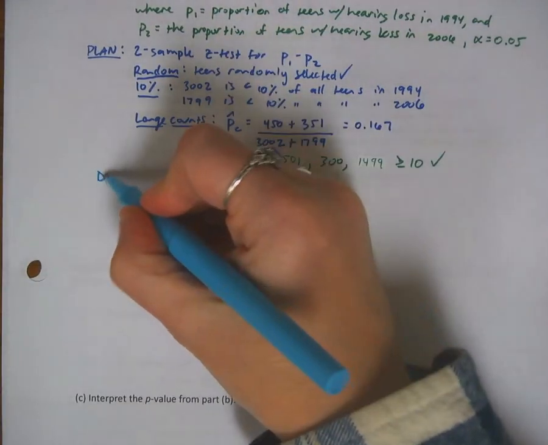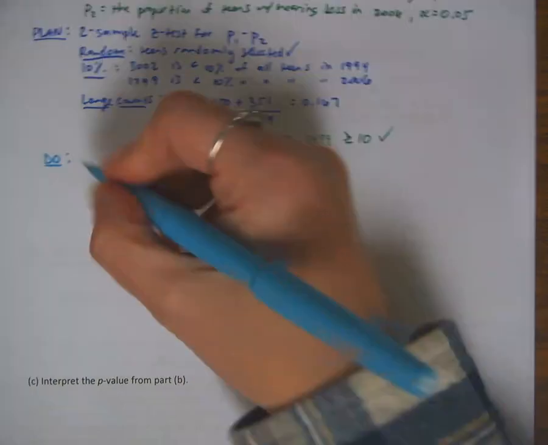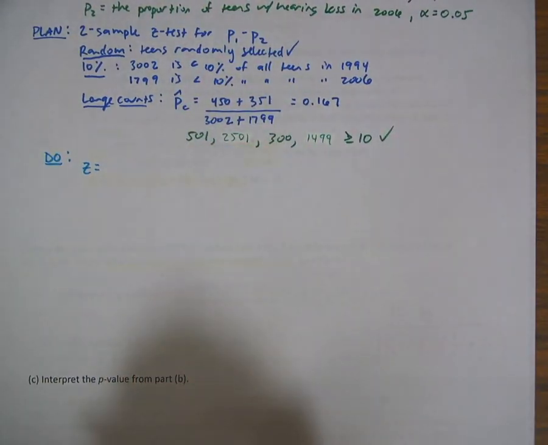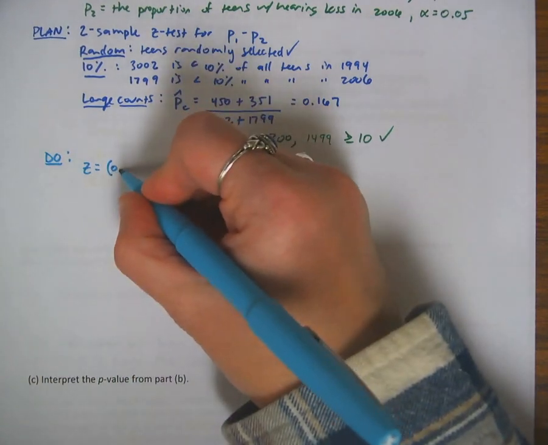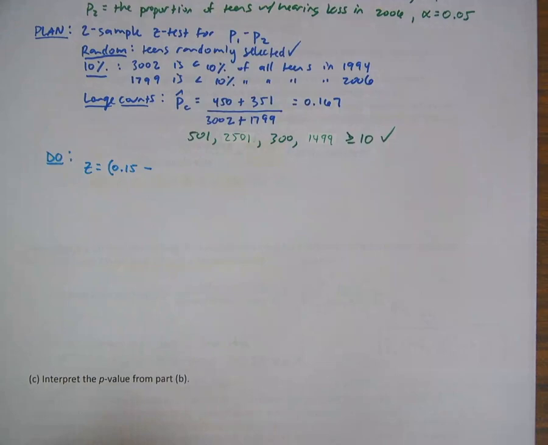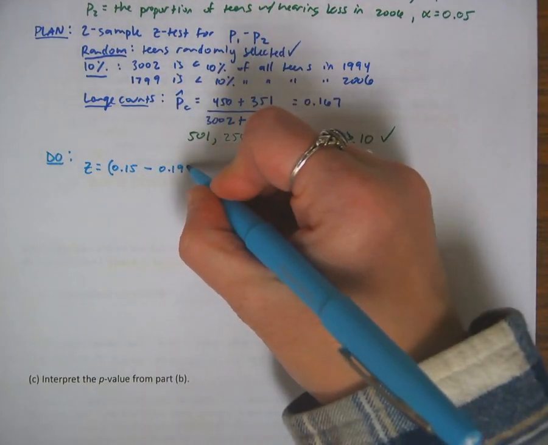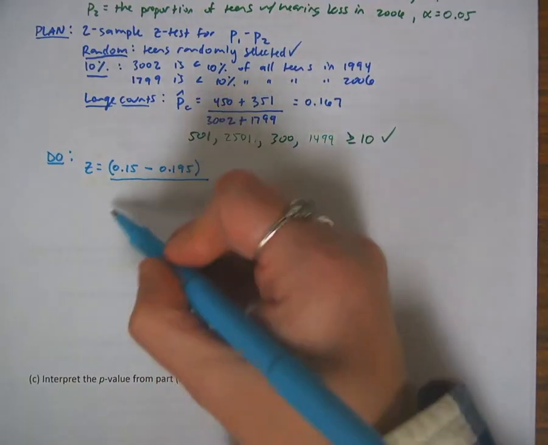This might be some of you your favorite part because it's kind of the same every single time. Statistic. Let's do population 1, or p-hat 1, which was 15%, minus p-hat 2, which was 19.5% of teens that had hearing loss that year. I'm not going to bother putting subtract 0.